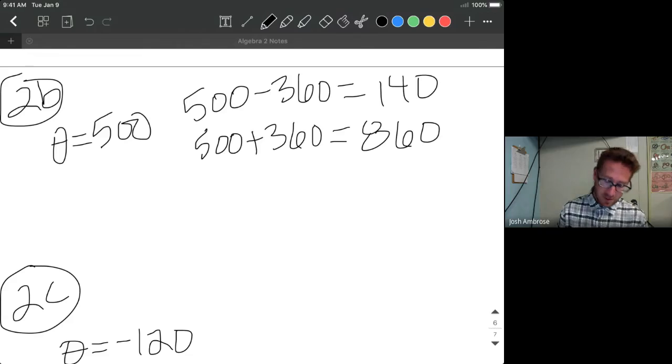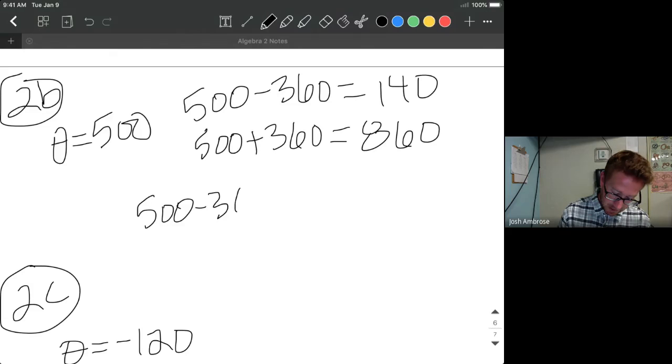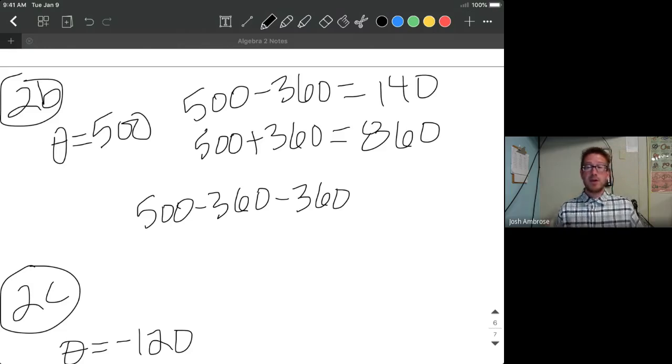But up to this point, we still haven't gotten our negative coterminal angle. So what I'm going to do there is take that 500 minus 360, and I'm going to keep subtracting 360. Remember, it has to be in increments of 360 from the original given number. So the original given number is 500. You subtract 360, it's 140. It's not negative yet.